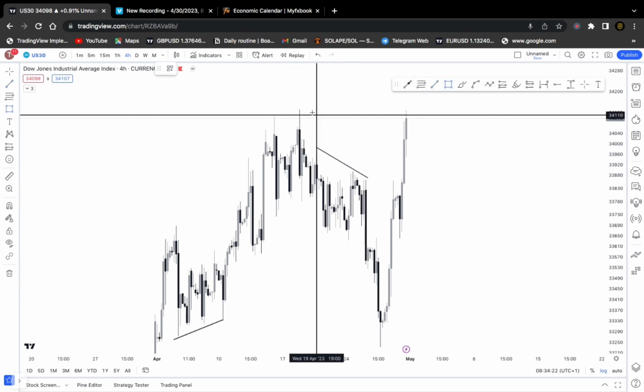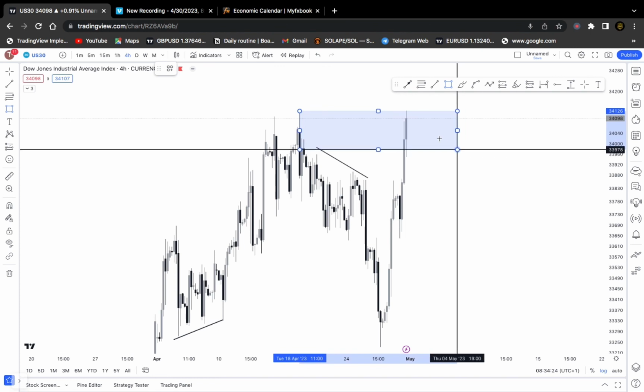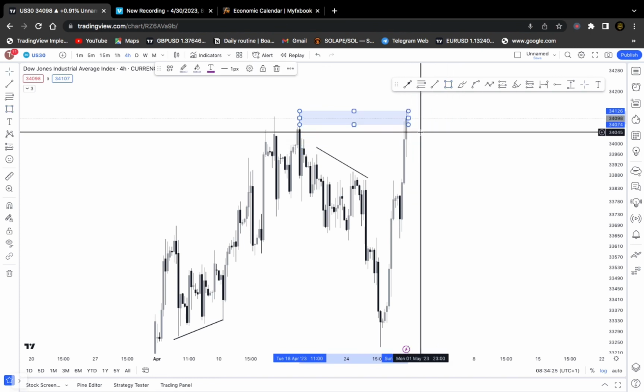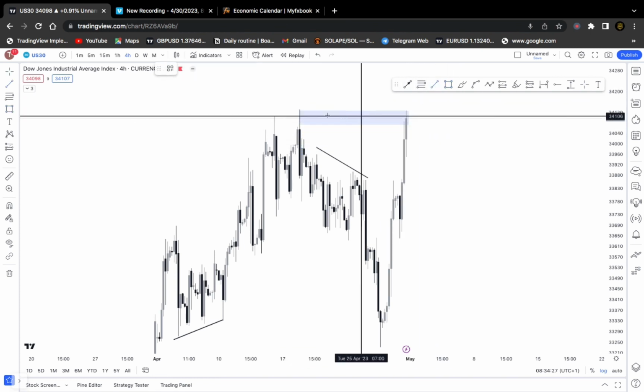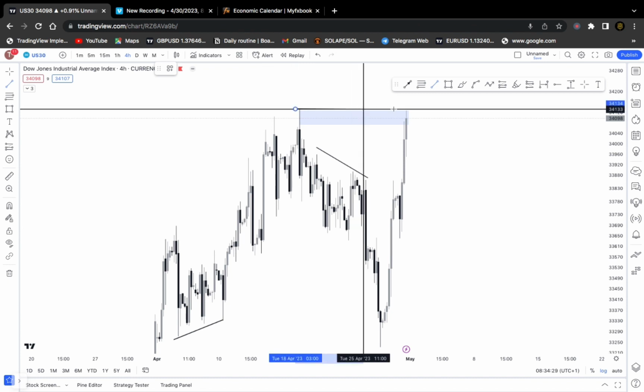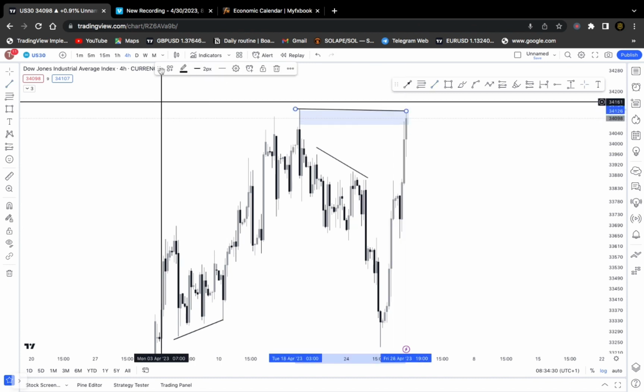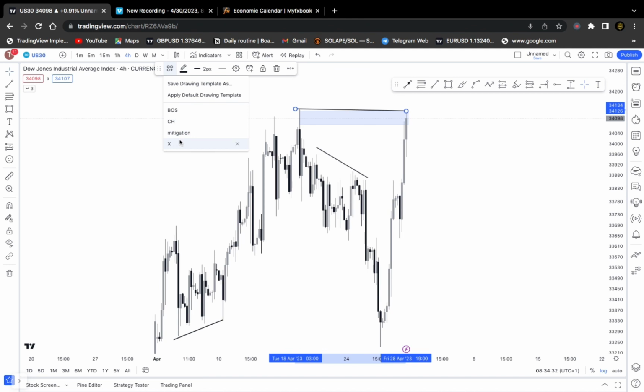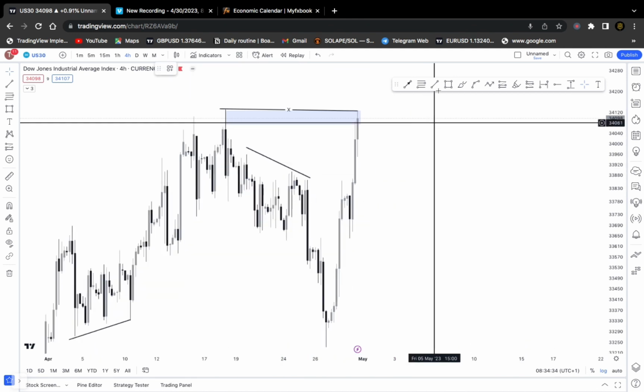So the market is currently trading inside these supplies at the top there, although the market has formed some series of equal highs at that point there, equal high liquidity, which is giving a high probability that the market will sweep it out.